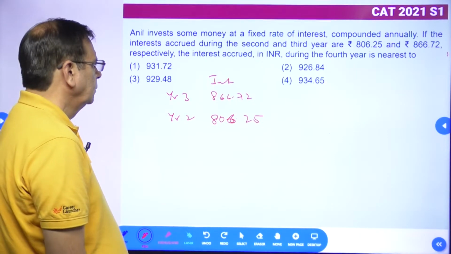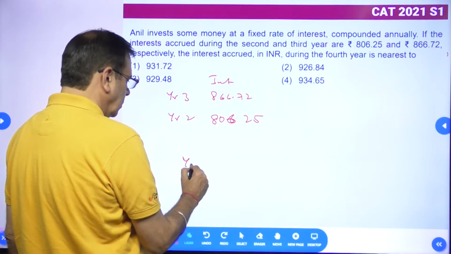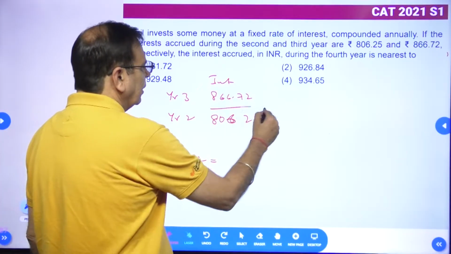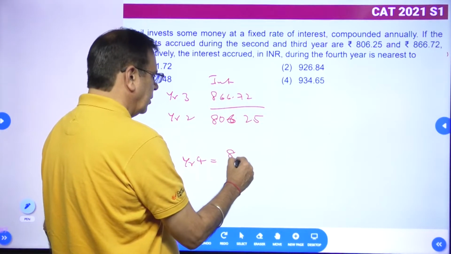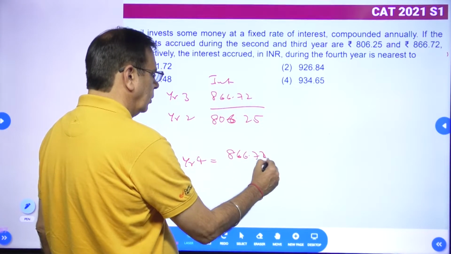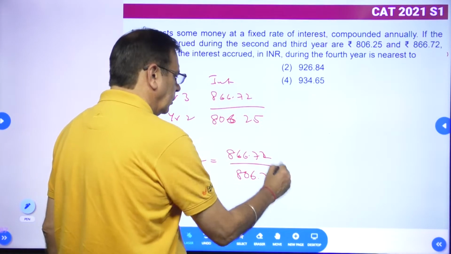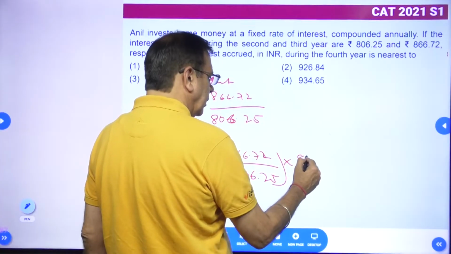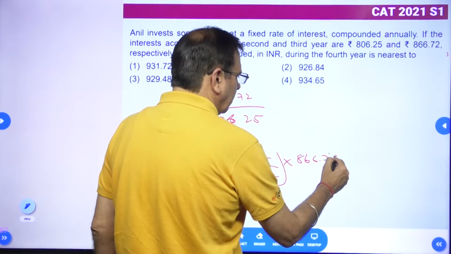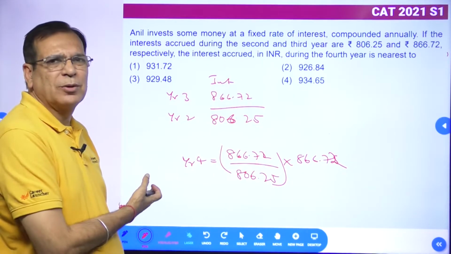Okay. So what should be year 4? What is this increase? This is 866.72 upon 806.25 into 866.72. Please use a calculator and do the stupid question.